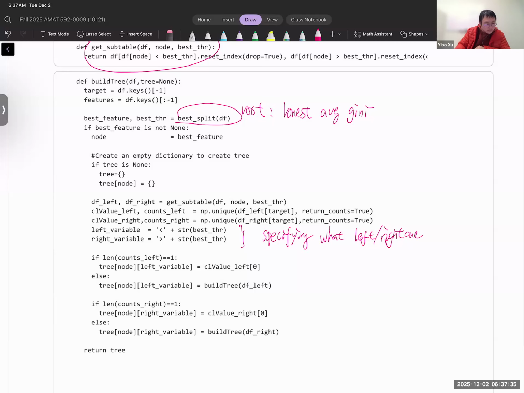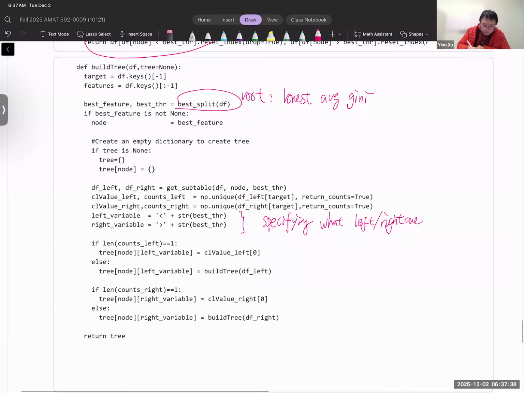So that's the branching part. And then here, if the count left is one, for the things on the left, we try to see if the things are pure now.